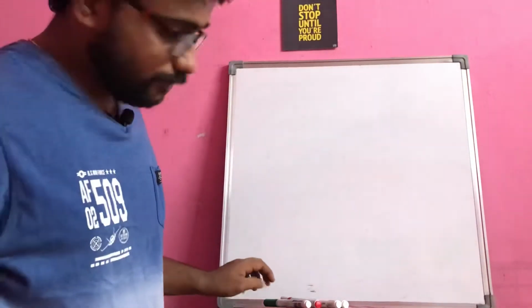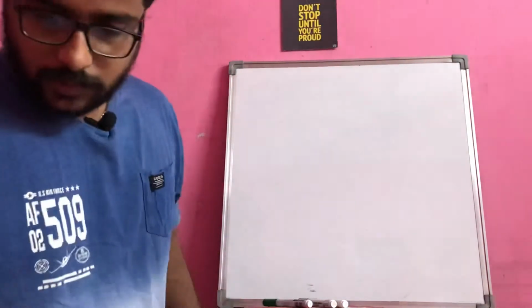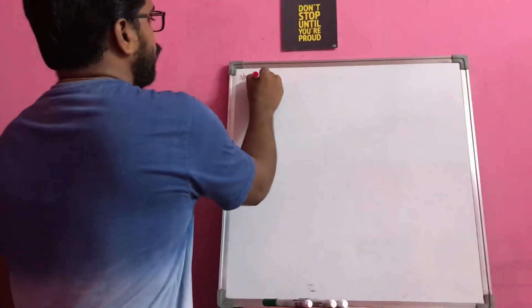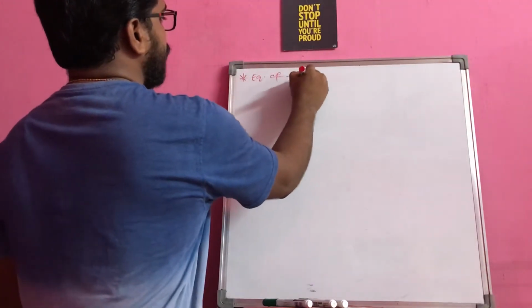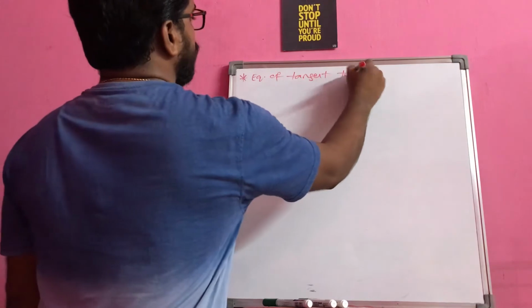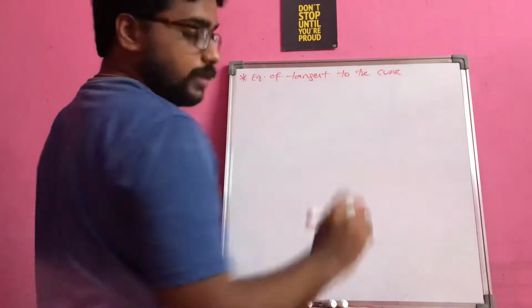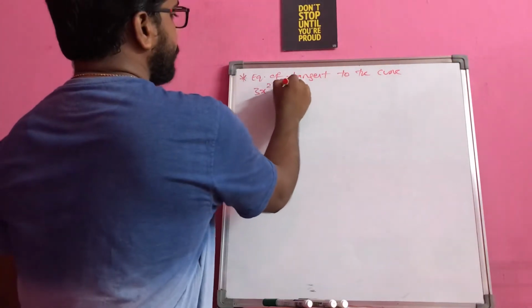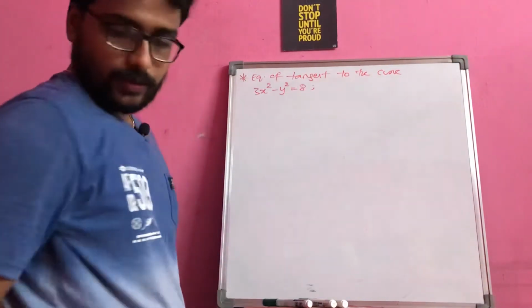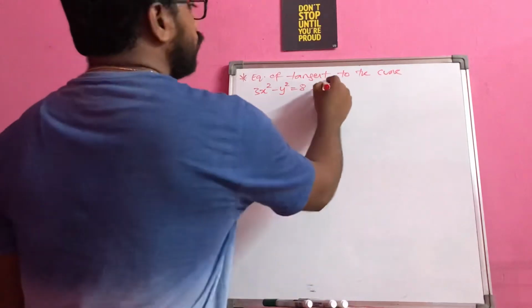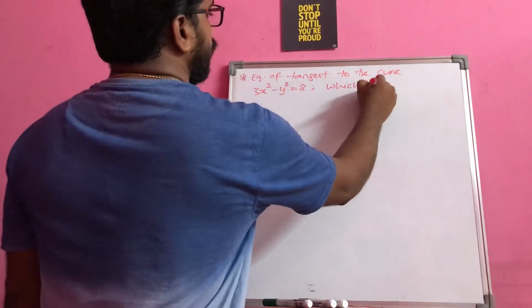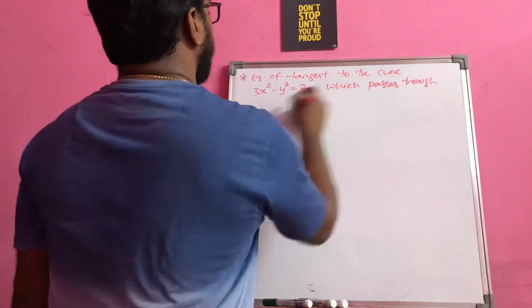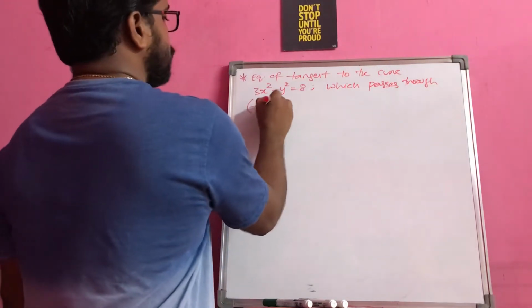Now see this question. Find the equation of tangent to the curve 3x square minus y square is equal to 8, which passes through (4/3, 0).